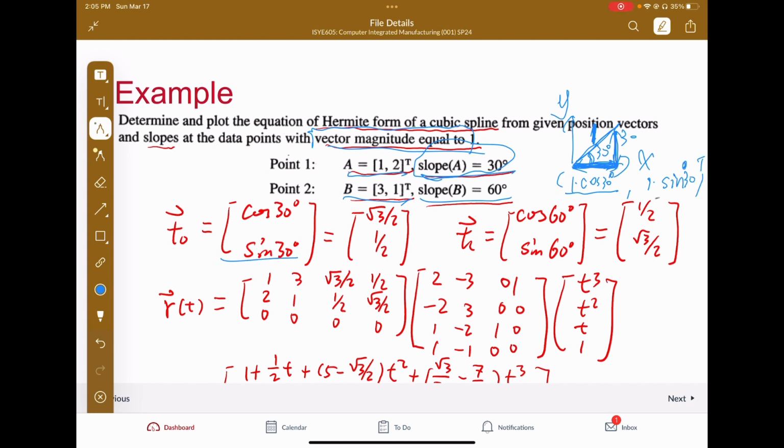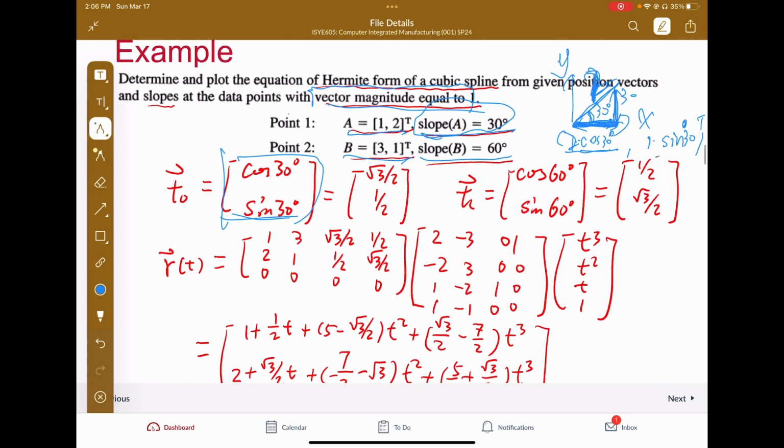So this is for this slope, how to convert to a vector. And if you have a different magnitude, a magnification like 2 or 3, you just make this value 2 or 3. For example, if it's 2, then it's 2 times cosine. So this is how you change the magnification.